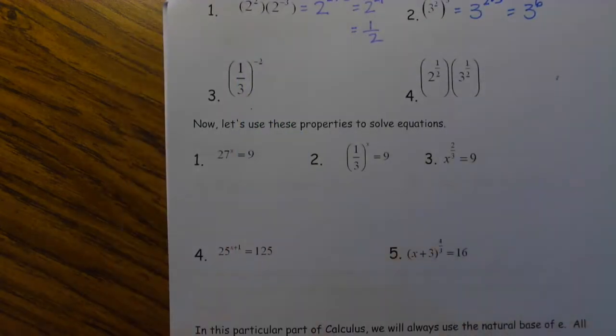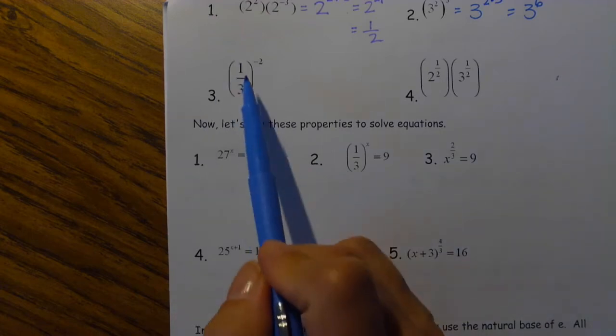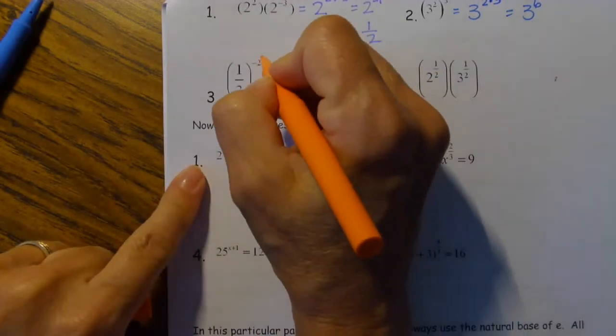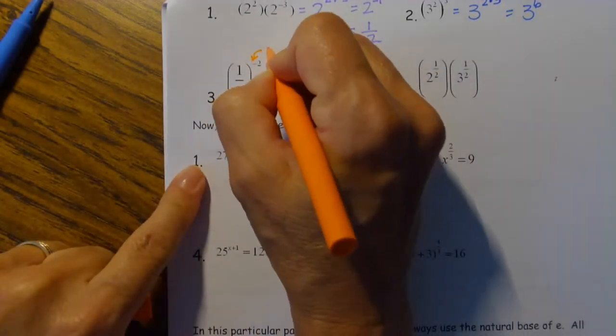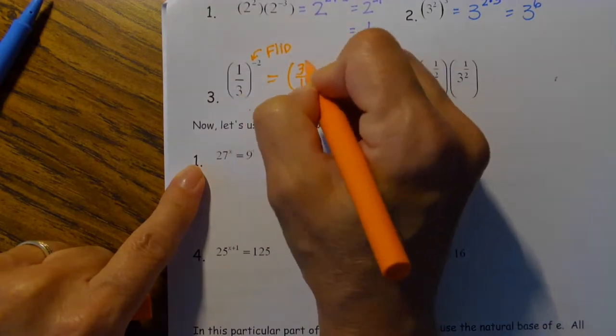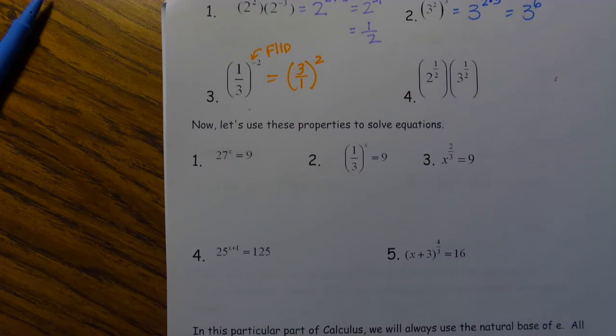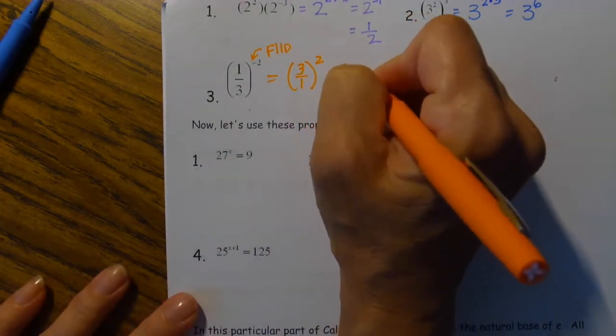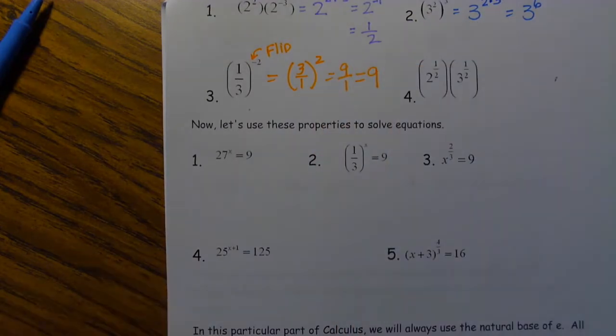Okay, 1/3 to the negative 2. Can I get rid of that negative 2 right away? I don't like it. So I'm going to say flip. So that's really 3 over 1 squared. I can get rid of the negative, right? And that is 9 over 1, which equals 9. Not bad, right?